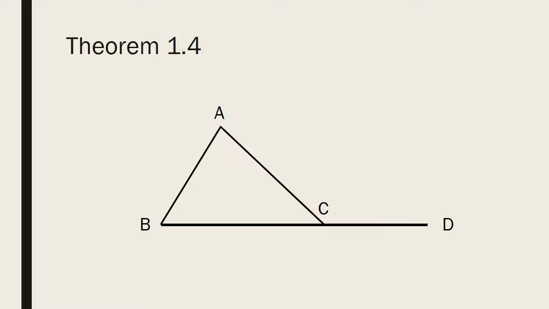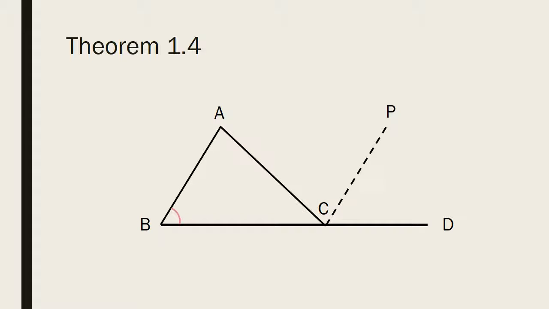Okay, let's review Theorem 1.4, which states that an exterior angle of a triangle equals the sum of the two remote interior angles. We want to show that angle ACD equals angle A plus angle B. First, draw a line parallel to AB and label its endpoint P. Angle A equals angle ACP since these are alternate interior angles for parallel lines AB and PC.